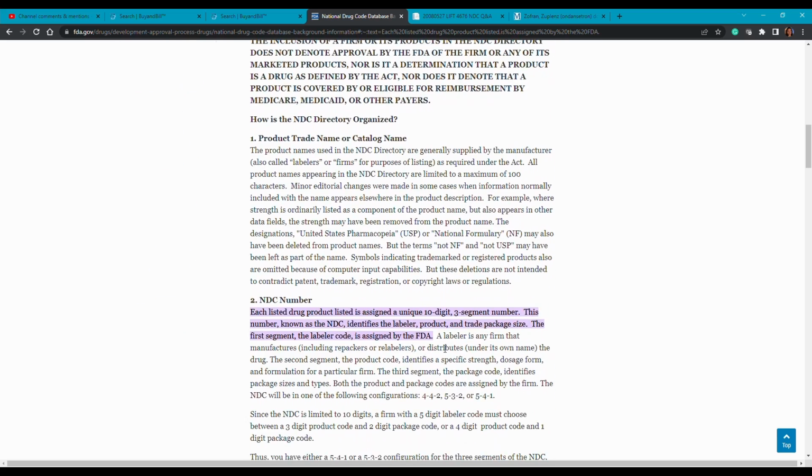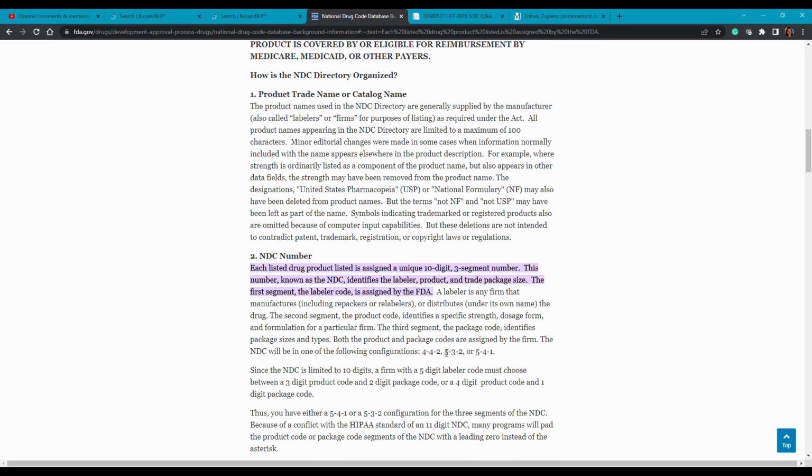It's really important, I think, to read up on this just so you have a background since you're going to be dealing with it. But one of the biggest things that people don't realize is that every listed drug product is given a unique 10-digit, 3-segment number. And that number tells the insurance company a bunch of different information.